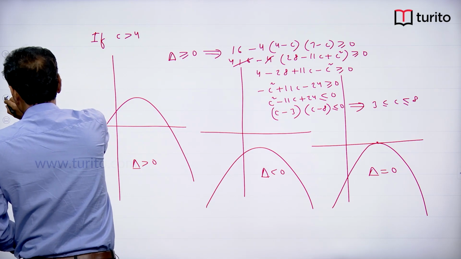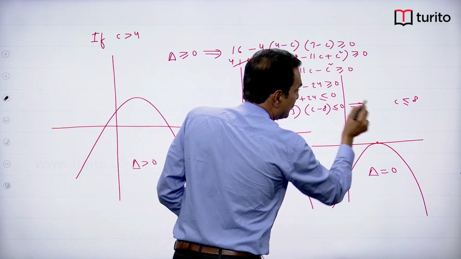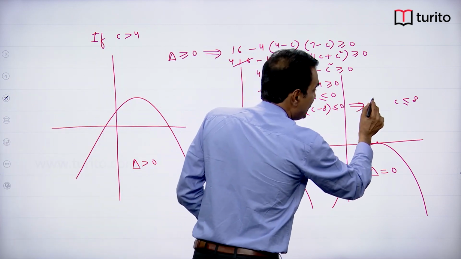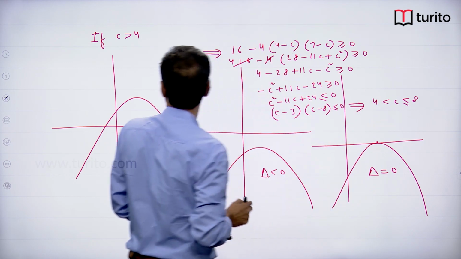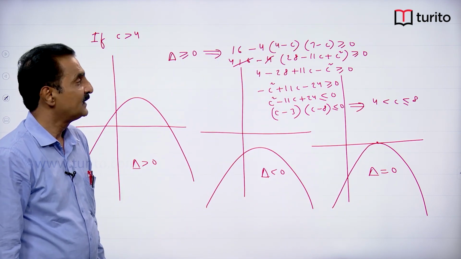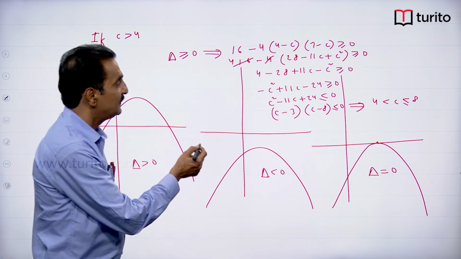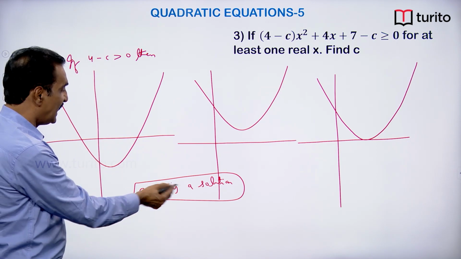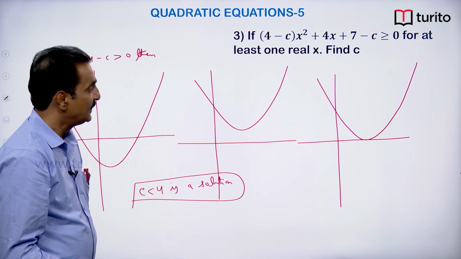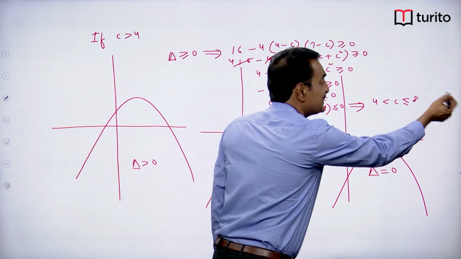So, we have to correct the interval as 4 is less than c less than or equal to 8. Okay. Now, if c is less than 4, it is always true. If c is greater than 4, then c should not exceed 8.